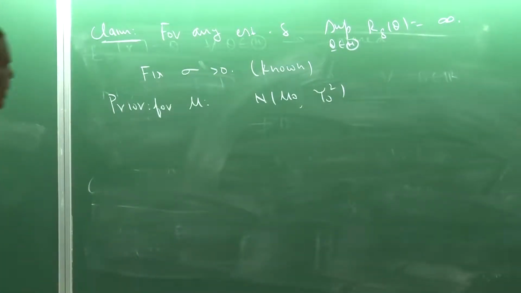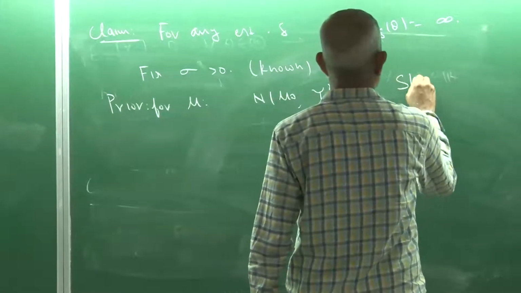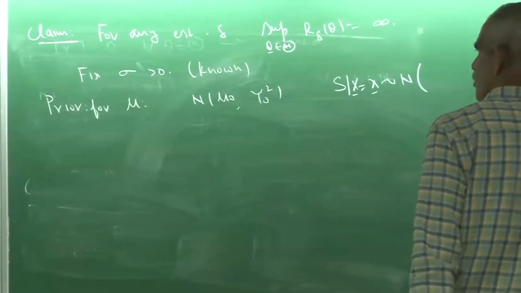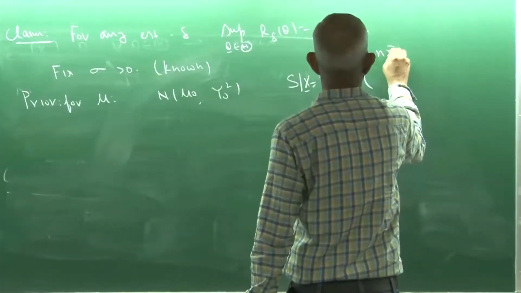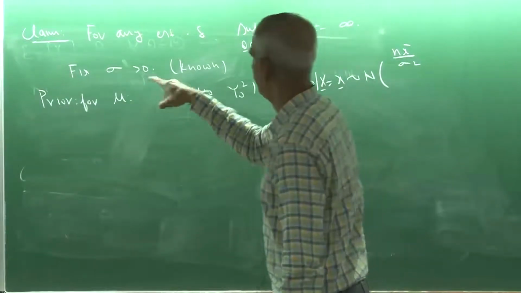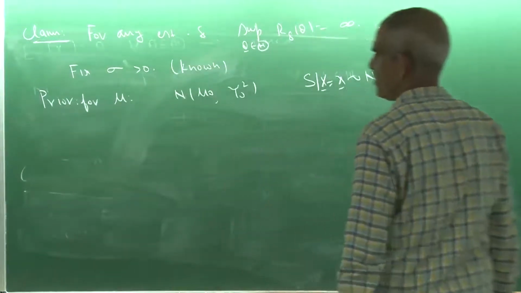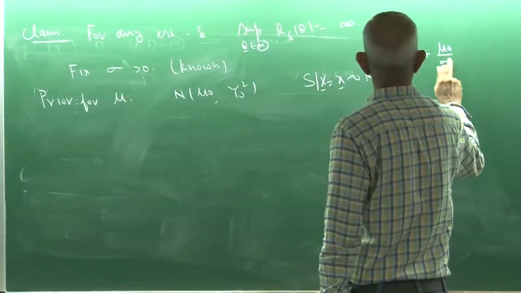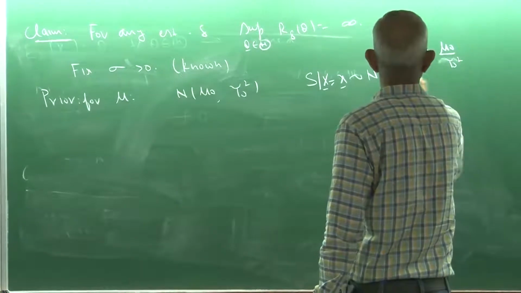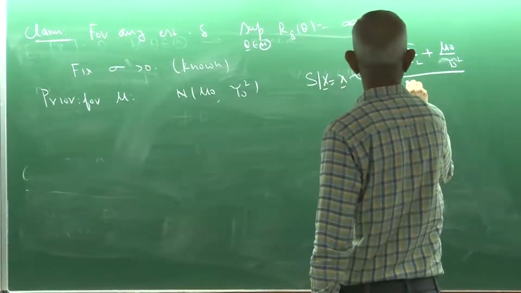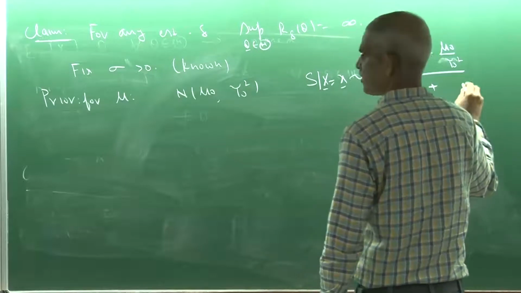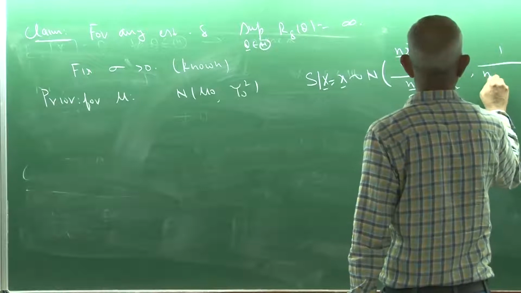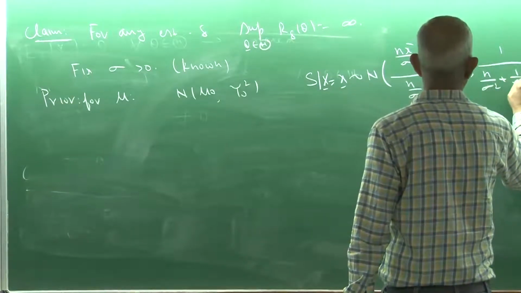Then I know that the posterior distribution of mu is nothing but normal with mean (n x bar by sigma square plus mu naught by tau naught square) divided by (n by sigma square plus 1 by tau naught square), and variance 1 upon (n by sigma square plus 1 by tau naught square).